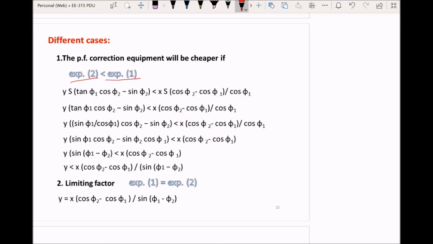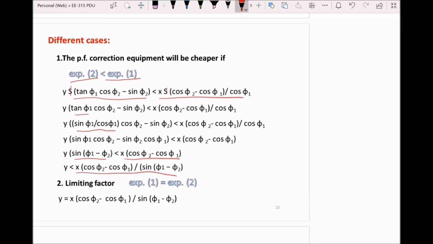By plugging in the values, we will have these two expressions, where the apparent power can be cancelled out, and then the tan is represented in the form of sine and cosine, and the eventual goal is to segregate the sine and cosine values on both sides, and in the end, we get the final expression here.